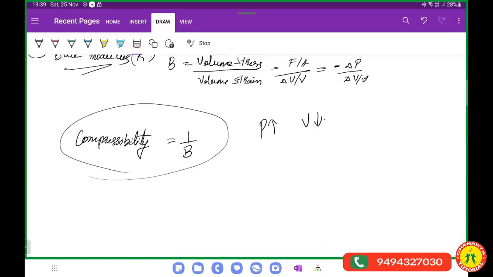Okay, we'll do this relation later because we need to understand Poisson's ratio also. So the last topic we have here is Poisson's ratio.